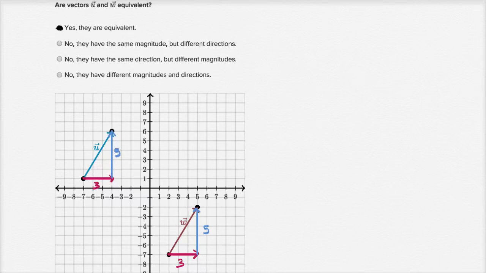We could say that vector u is the vector 3, 5. Our change in x, our change in y. And that is exactly the same as vector w. It has the same change in x, same change in y as we go from the initial point to the tip of the arrow, the terminal point.